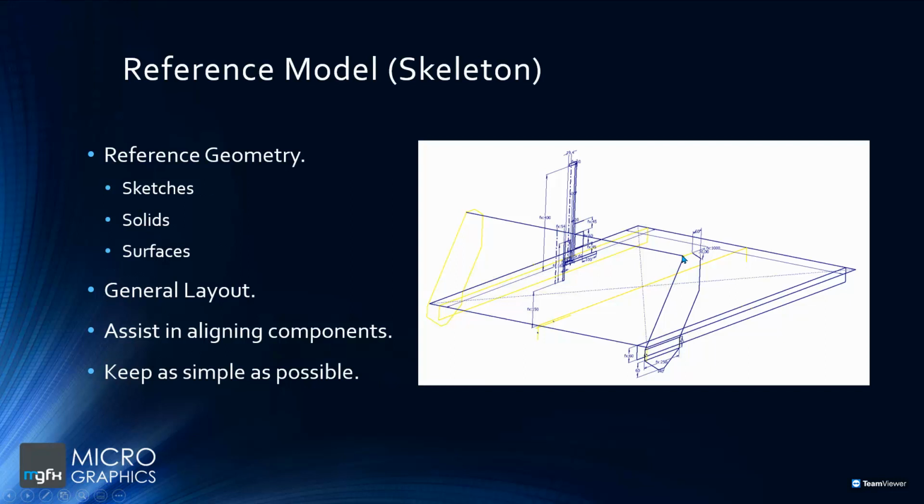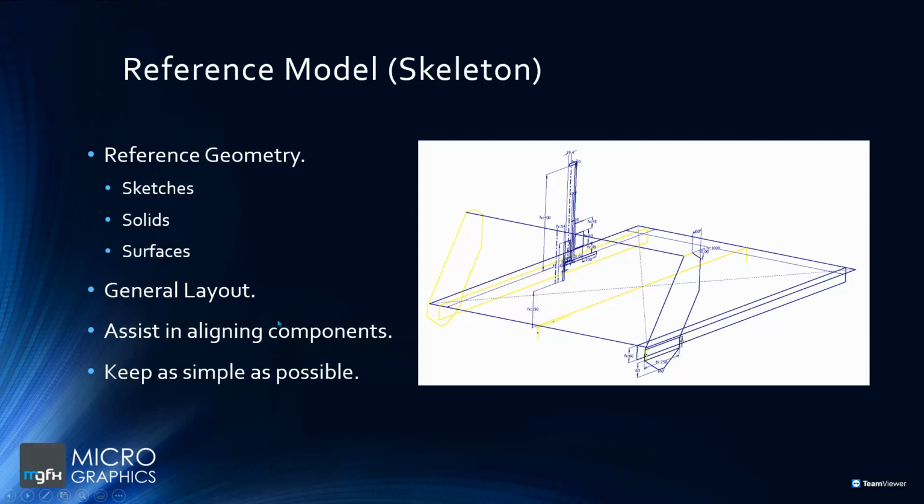A simple sketch across the top of the gantry, a single line here represents the main beam that would go across the gantry. And then this mess of a sketch on the inside here is a 2D side view of the carrier for the Z-axis on this machine. That actually has a lot more detail within it to generate multiple components from that one sketch.